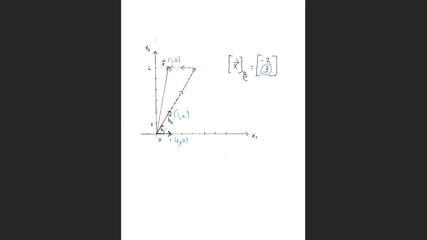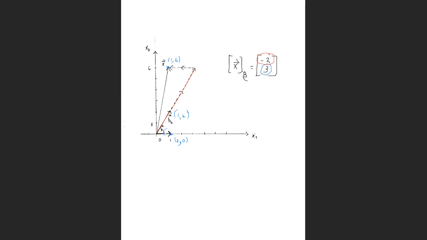To get to 1, 6, now we have to apply the first coordinate. I go to the left -2, but I apply the -2 to the B1 vector. The B1 vector goes to 1, 0.